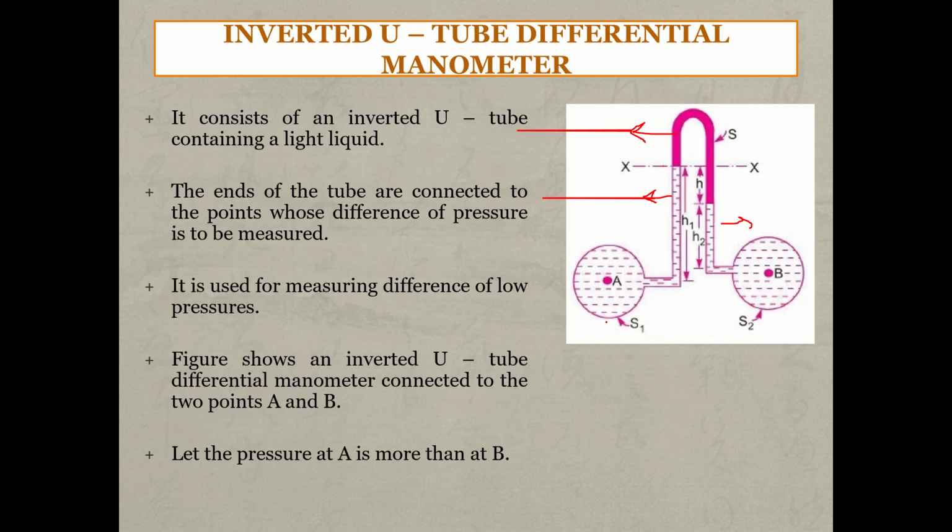So if you take XX as the datum, what is the pressure in the left column? Remember another difference, people, between the other manometers and the inverted manometer. The first difference is that in the U-tube the liquid is lighter than the two liquids at A and B. The second difference is that till now we were writing Pa plus rho into something, because we were moving from down to up, but now the datum is up and we're coming down, so here we will write minus.